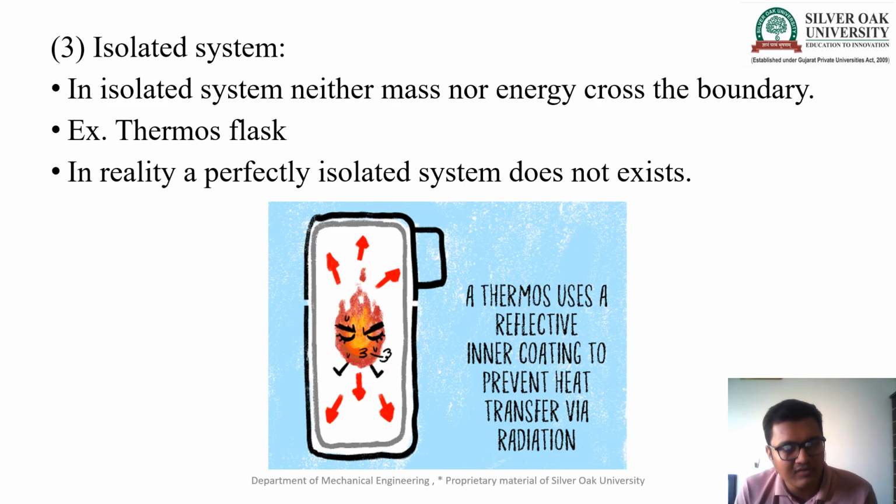Again I repeat the definition: neither mass nor energy can cross the boundary is called the isolated system. We can take a thermoflask as an example of an isolated system, but in reality, practically, we cannot find any perfectly isolated system. A perfectly isolated system practically does not exist.